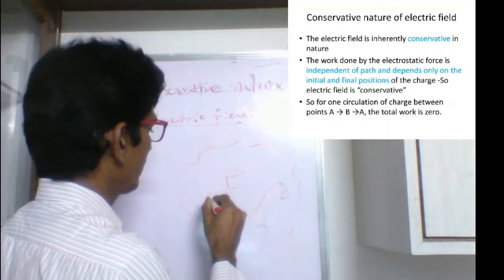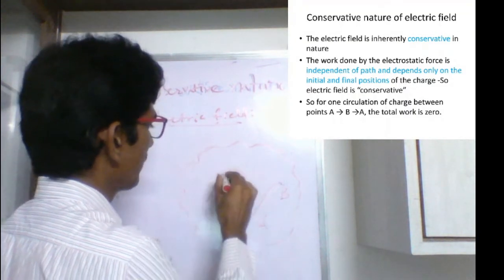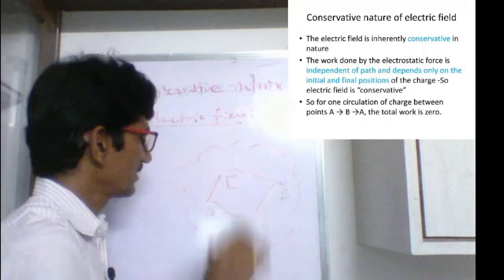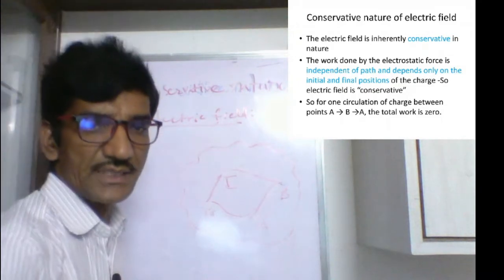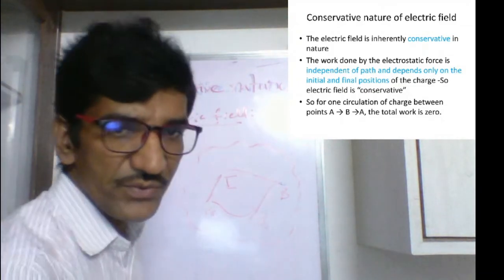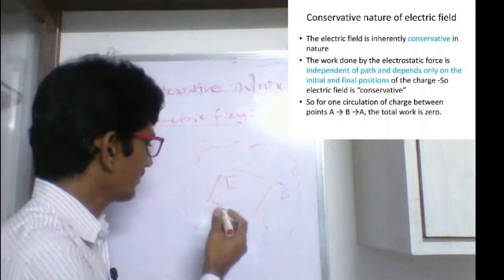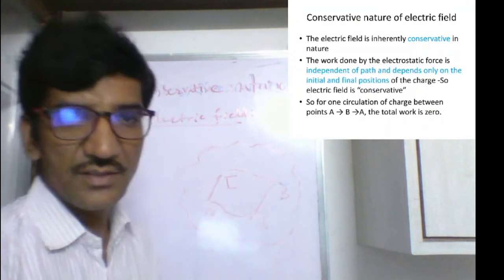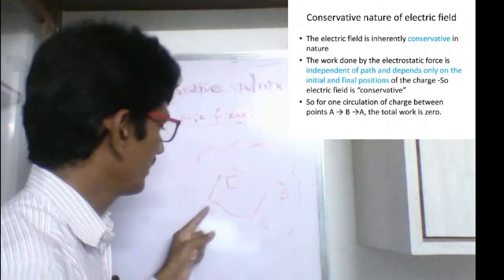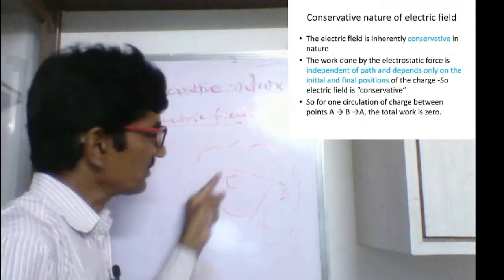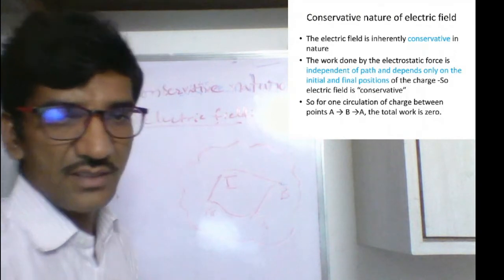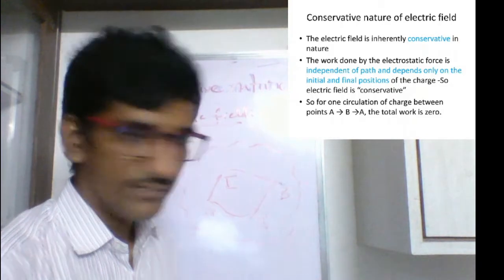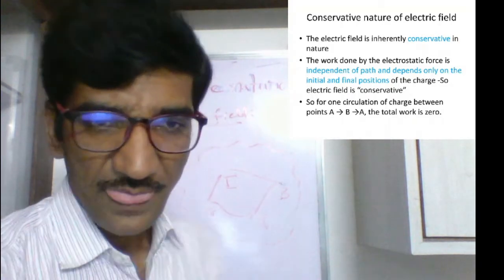You want to take the particle from A to B in 2 paths. Somebody is taking the charge along the first path in order to reach B, and somebody is taking the charge along the second path to reach B.